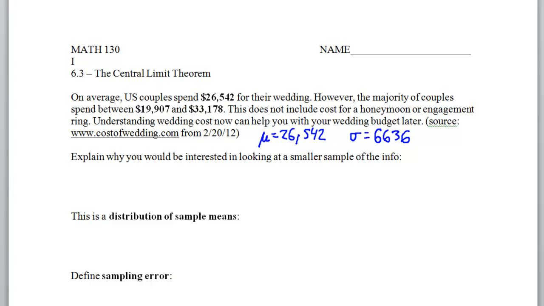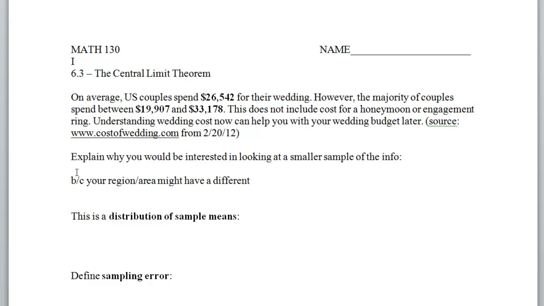So the main reason that we are interested in these kind of smaller samples is because, in business and also maybe in your scientific study, your region or area might have a different spread, and that spread right there is going to be a different size than your actual total population.